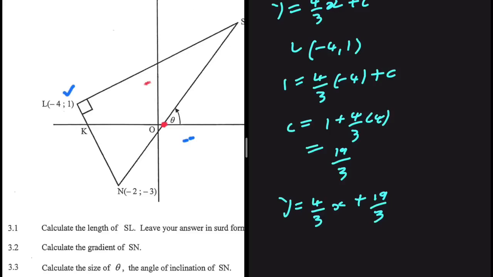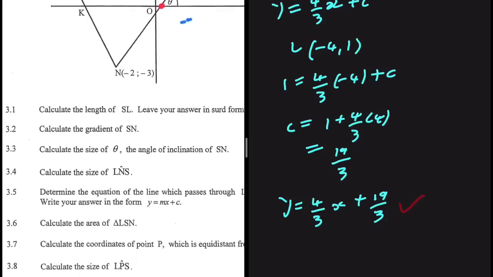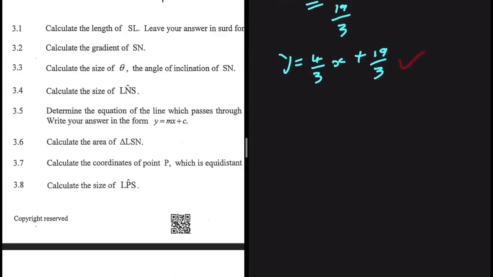Okay, I'm getting 1 when I substitute -4, so I'm quite convinced that I have the correct equation. You can still get the corresponding y value and have your equation be wrong, that is very possible, but anyway, let's carry on. I just did 3.5, so now we have to go to 3.6.